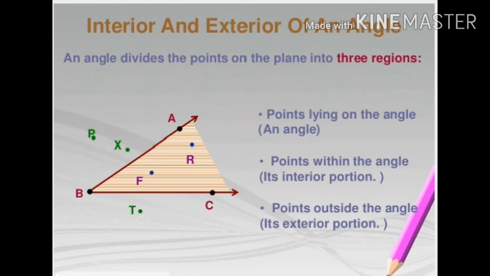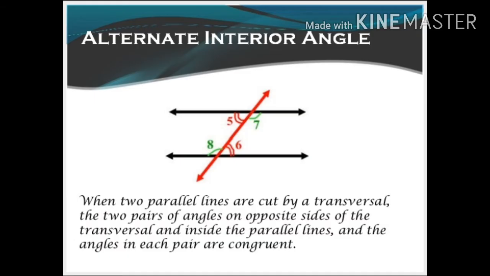Then points lying on the angle, that is A, C and B, are on two different rays, which can be easily seen in the figure. Points outside the angle are in the exterior portion of the angle, that is P, X and T, you can see in green. So here you can see the difference of color and area of the alphabet. So you can easily identify the interior and exterior of the angles.